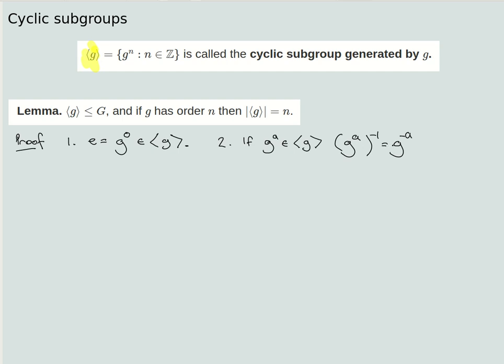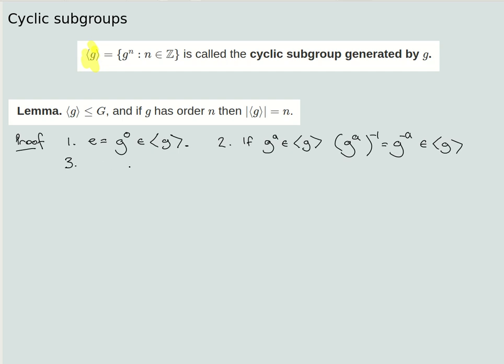So that's telling you that g to the minus a is the inverse of g to the a. But g to the minus a, well, that's just another power of g. So this thing is in this cyclic subgroup again. So we've shown that if you have any element of the cyclic subgroup, then its inverse is also in the cyclic subgroup. So the cyclic subgroup is closed under inverses, it passed condition 2.